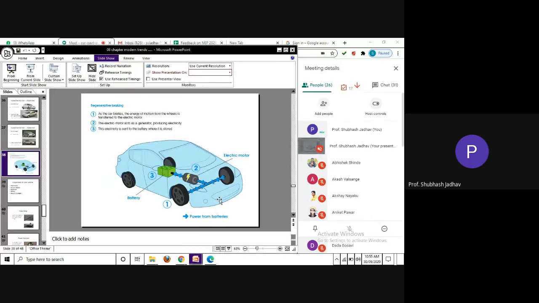Correct? And when we apply the brake, what happens? The kinetic energy possessed by the vehicle is converted into heat and dissipated to the atmosphere. That means it is going to be wasted. But our aim here is not to waste the energy. So whatever was supposed to be wasted can now be regenerated, and that is where the regenerative braking system comes into the picture.